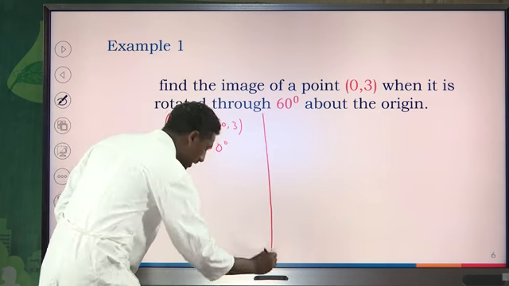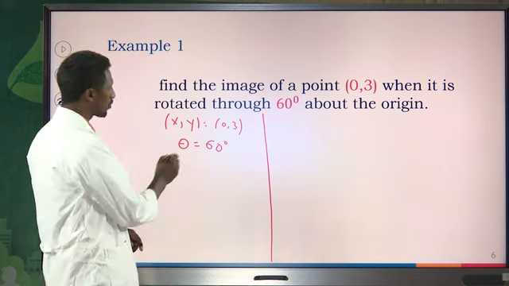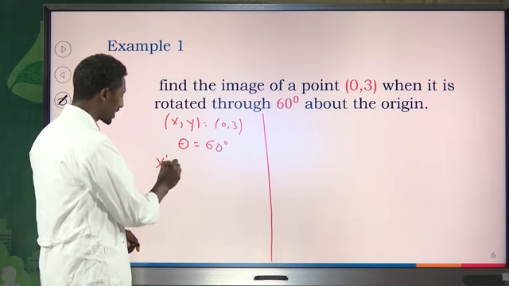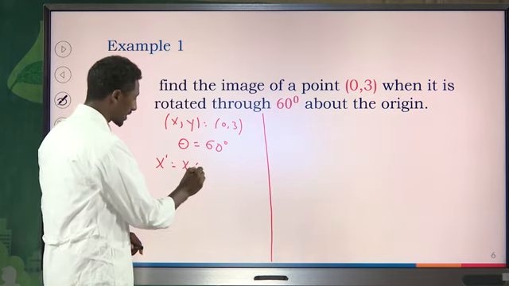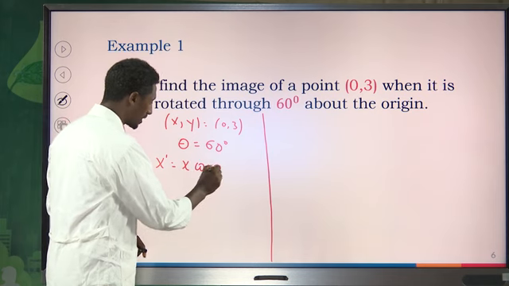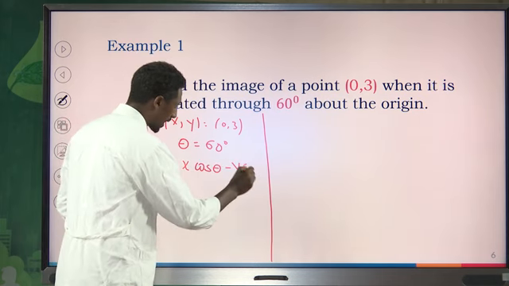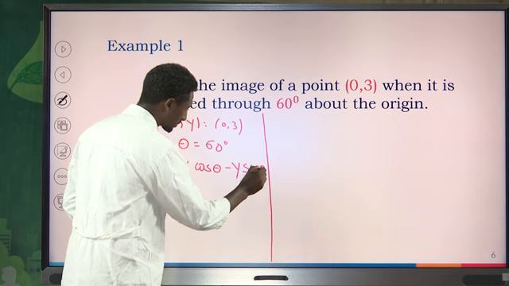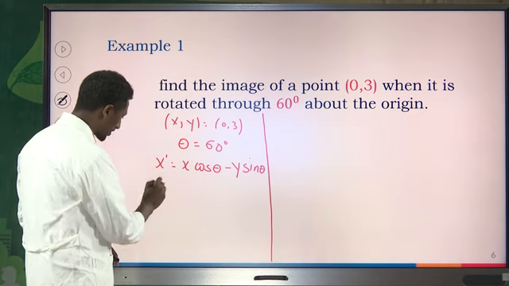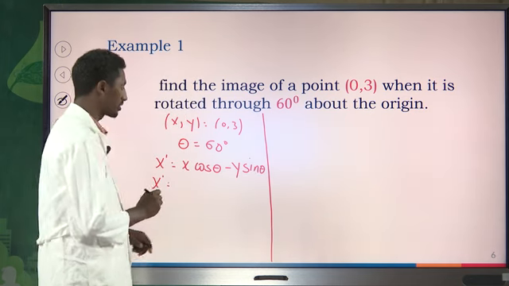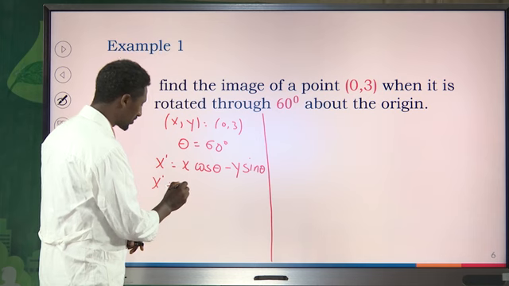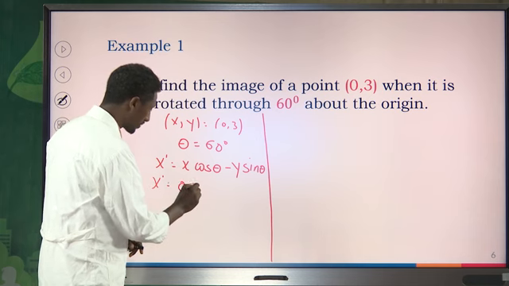So what could be the image of x and y? So x' is given by x cos theta minus y sin theta.